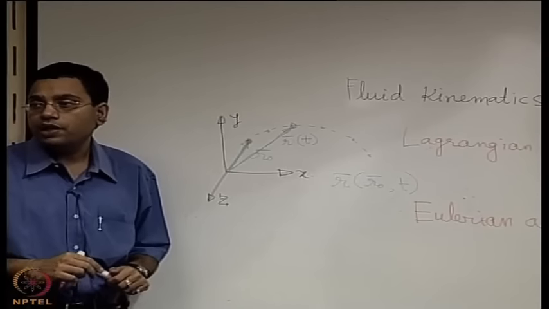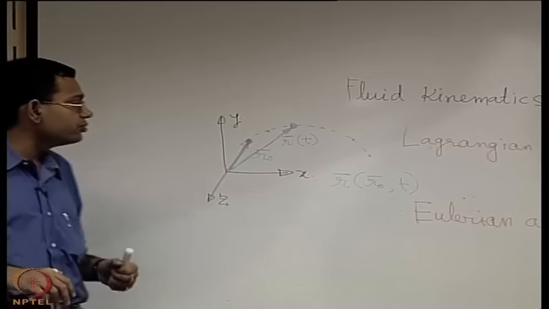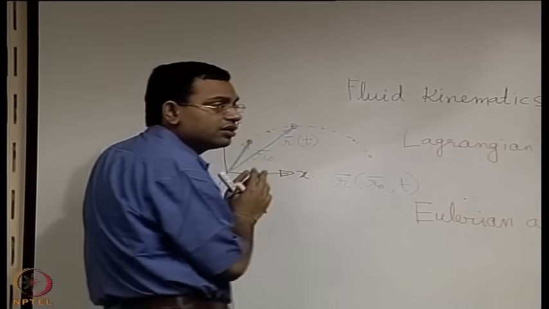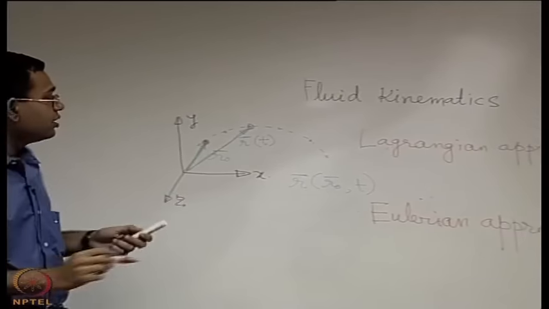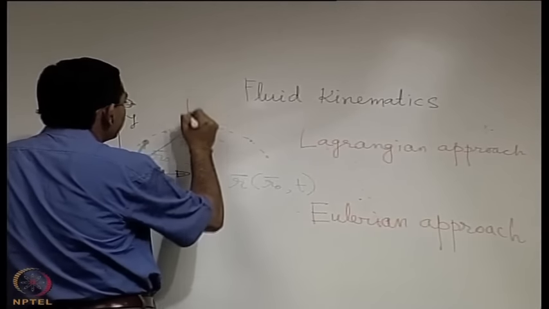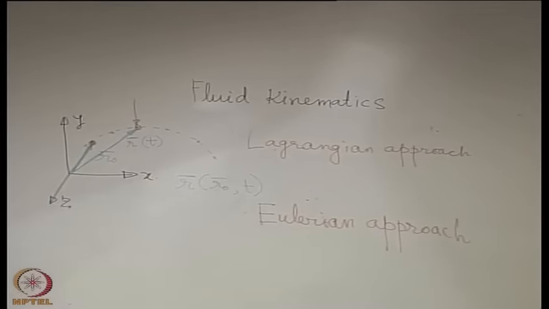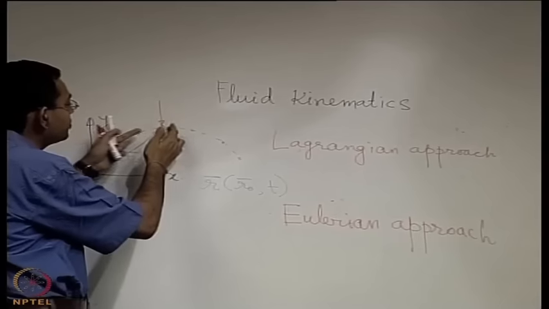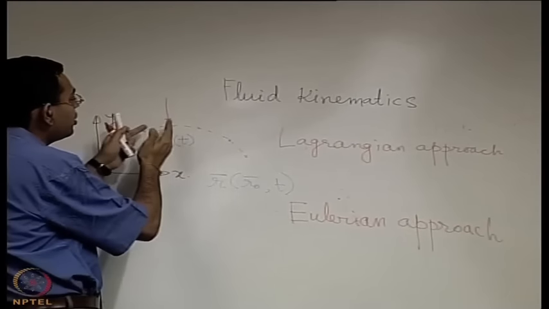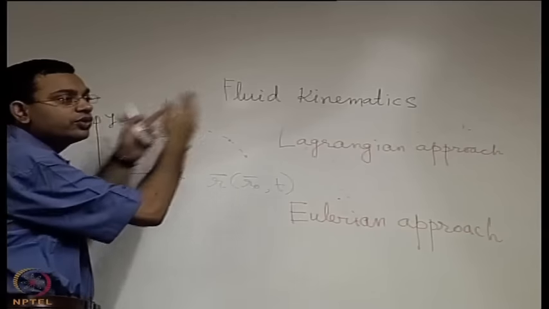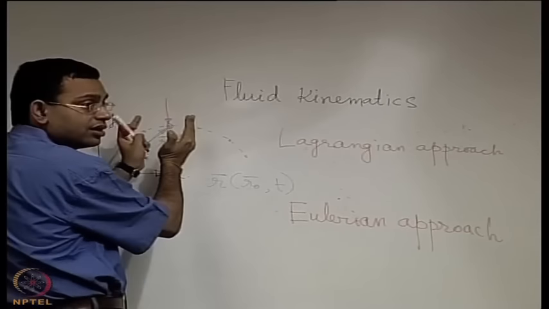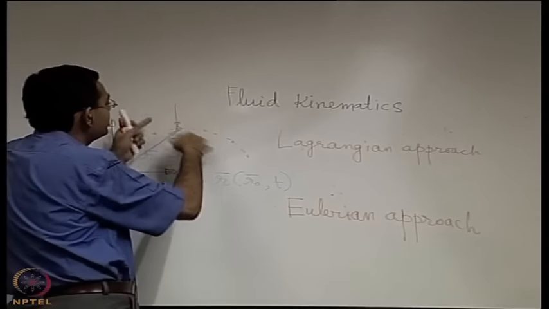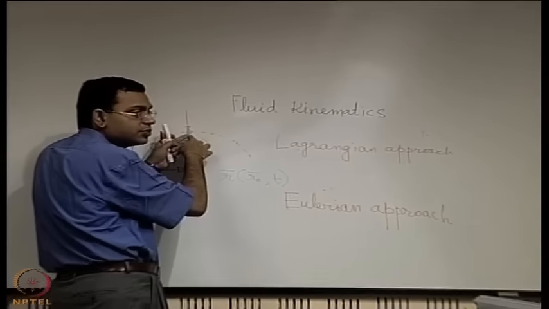Instead, you are trying to focus your attention not on a particle but on a position. Let us say that you are focusing your attention on this position. Now, there may be many particles which had come to this position and had left. You are not bothered about which particle has come from where and which particle is going where, as if you were sitting with a camera and the camera is focusing on a position. You are bothered about what is the change that is taking place across this position.